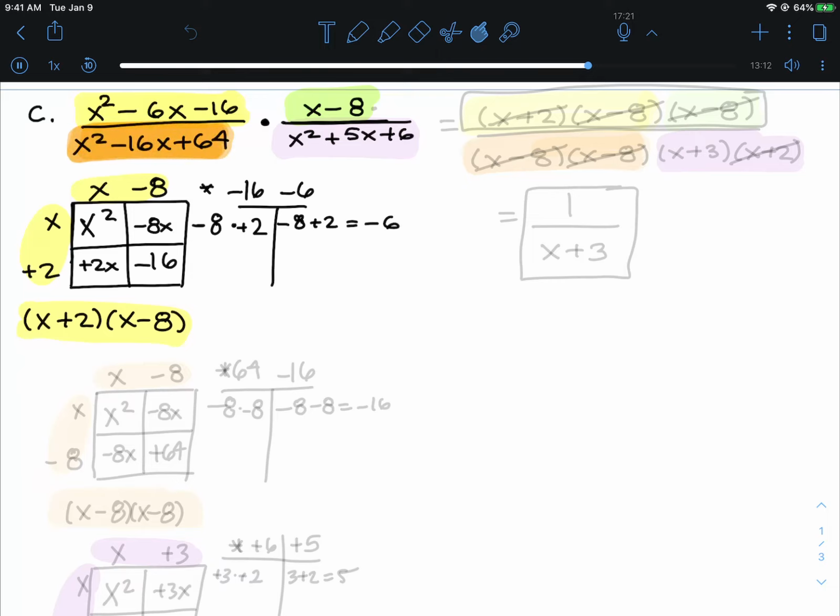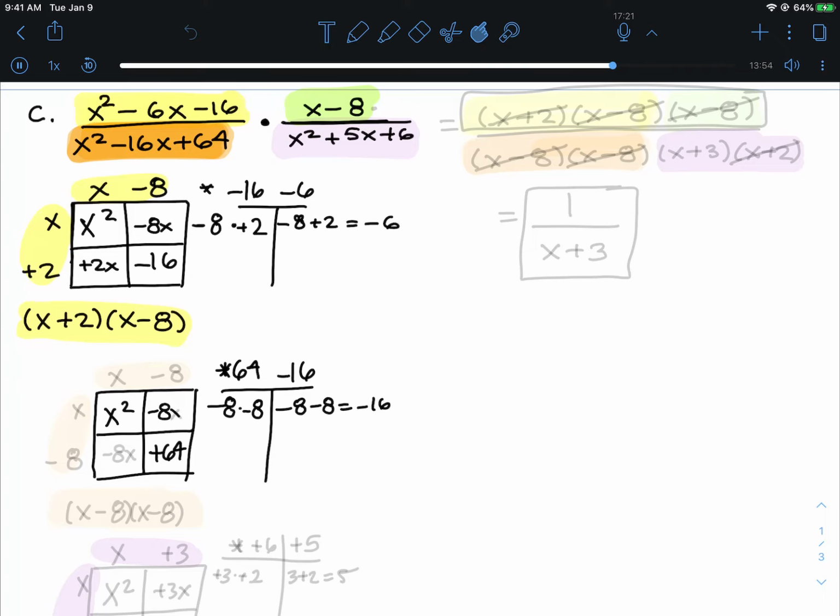Okay. So I'm going to get a box. And we're going to get x squared plus 64. So I need something to multiply to a positive 64, but add to a negative 16. So we can do 8 times 8, because 8 times 8 is 64, which it does need to be positive, so it can either be positive 8 times positive 8 or negative 8 times negative 8, but I'm going to choose negative 8 times negative 8 because it needs to add to negative 16.